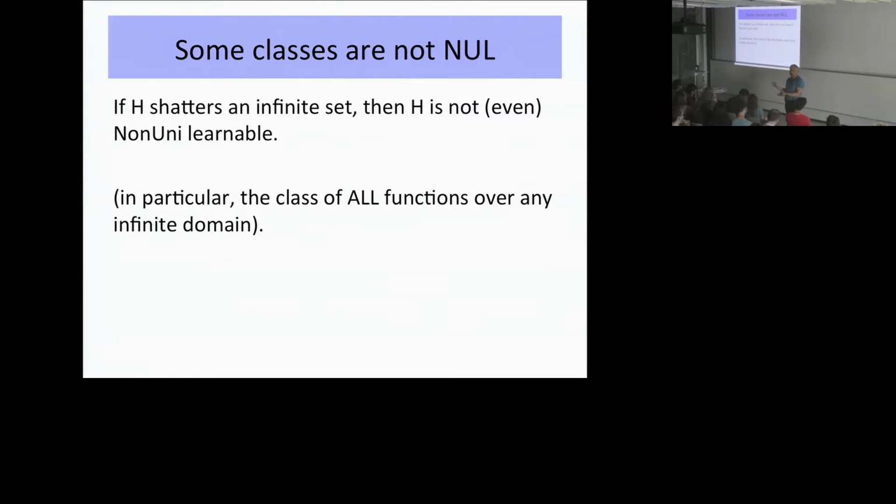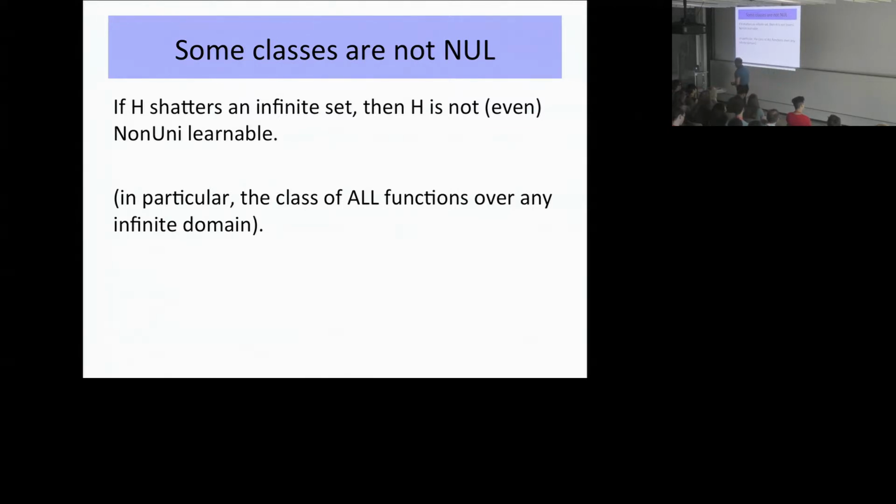So I can do any partitioning of the natural numbers. So if a class shatters an infinite set, it is not such a union, and we cannot learn it even in this non-uniform learnability. Okay? So it doesn't trivialize. It is still an interesting collection of classes. All the classes that are non-uniformly learnable.